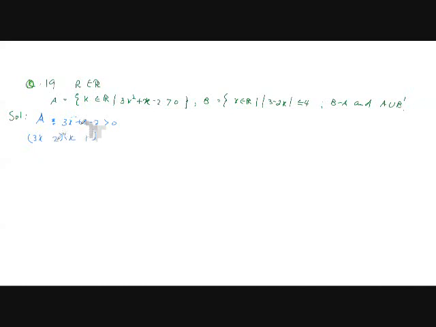Try 2 and 1. So the 2 should be plus and this minus, greater than 0. So we get the key numbers now: x is 2 over 3 and negative 1. So from this one, this is set A.